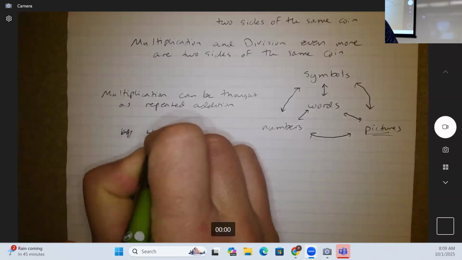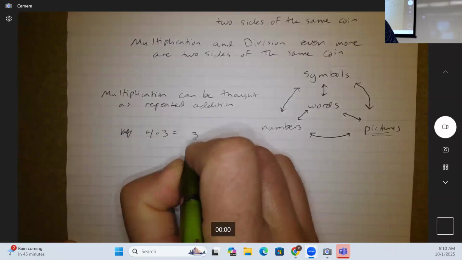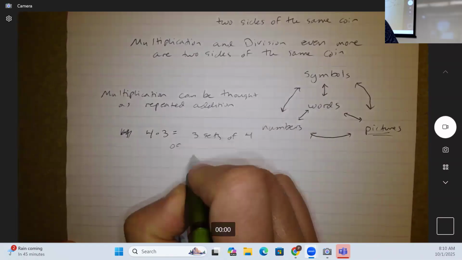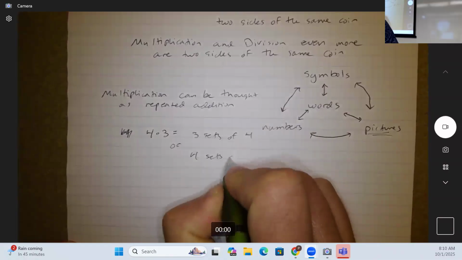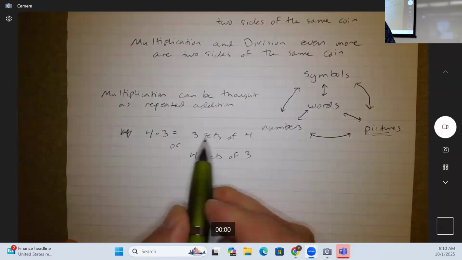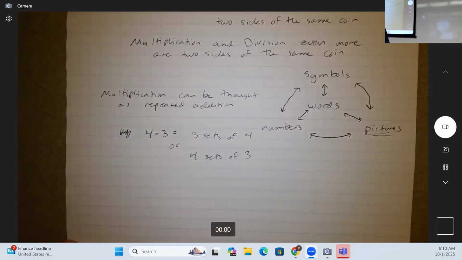Let's see, 4 times 3 is 3 sets of 4. Or we could think about it also as 4 sets of 3. So that's the words. When my kid was starting to learn math, I was, as a math teacher, excited about it, and he loved it, because he could tell I was excited. We started doing multiplication pretty early, and this is exactly how I talked about it. I didn't actually ever say 3 times 4.